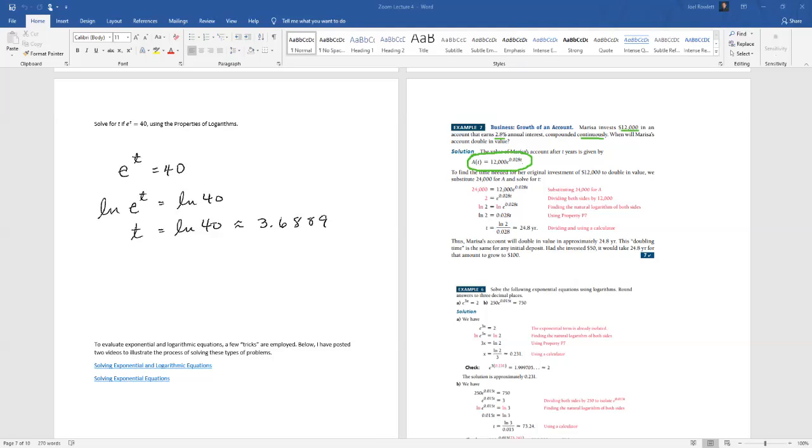And notice that the 12,000 is in the front position here because that's the initial amount. And e means it's growing at an exponential rate, in this case, compounded continuously. And since the interest is 2.8%, that goes in the front. And of course, t is the amount of time that you have the investment.